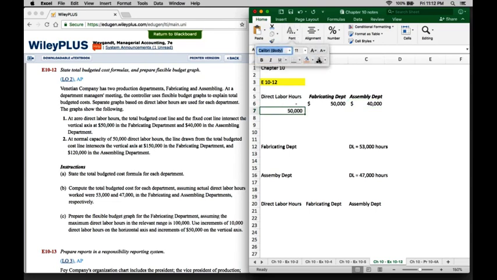When the hours are 50,000, the cost is 150,000 here and 120,000 here. So it's fairly obvious to say that these costs, the 50 and 40, are the fixed cost. Regardless of what the labor hours are, that cost is being incurred.